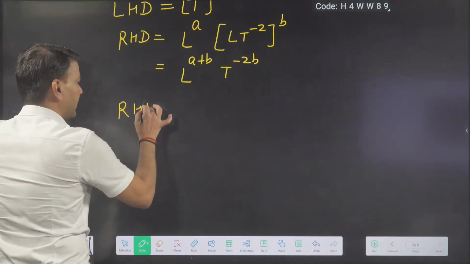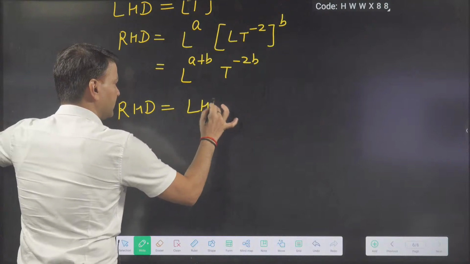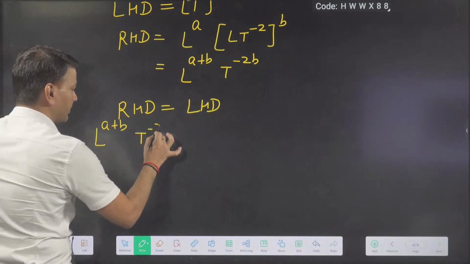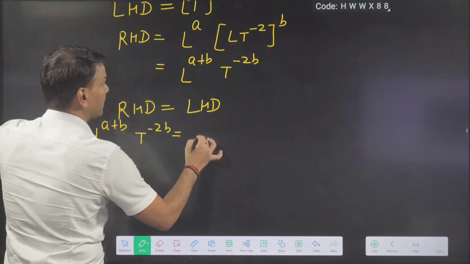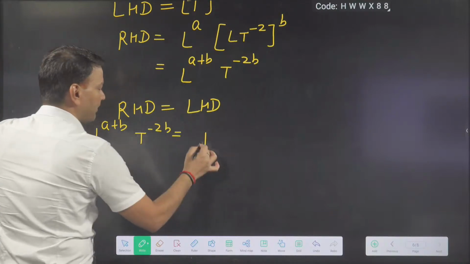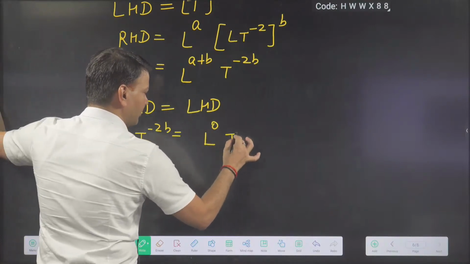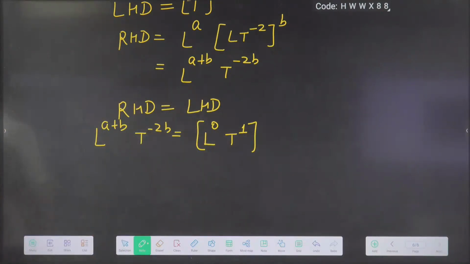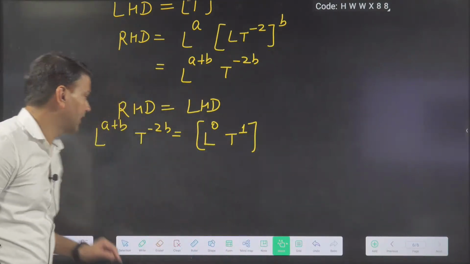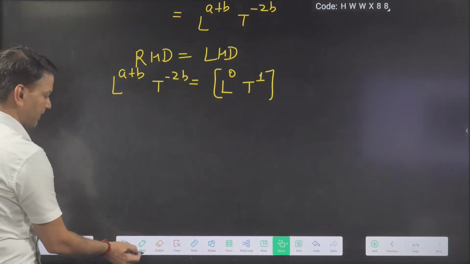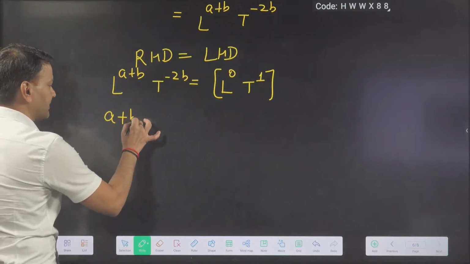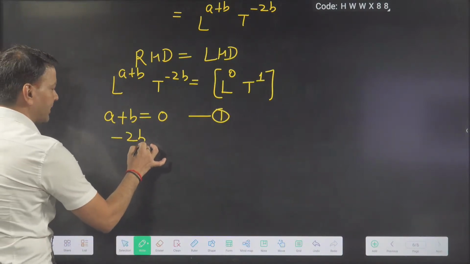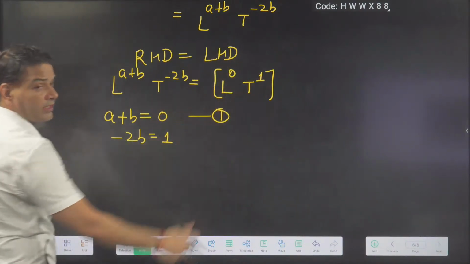Now RHD, L to the power A plus B, T to the power minus 2B, is equal to L to the power 0 and T to the power 1. If L is not there, the dimension of L is 0. Now if I equate, then what equations am I getting? A plus B is equal to 0. That is equation 1. And minus 2B is equal to 1, if you equate the T power.